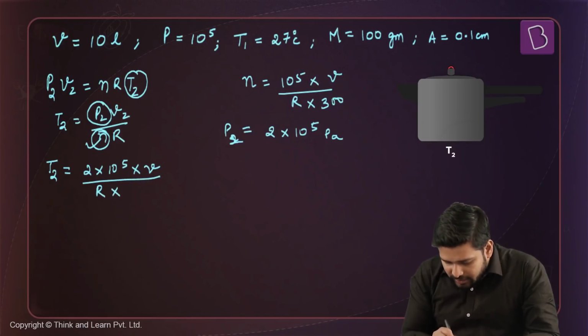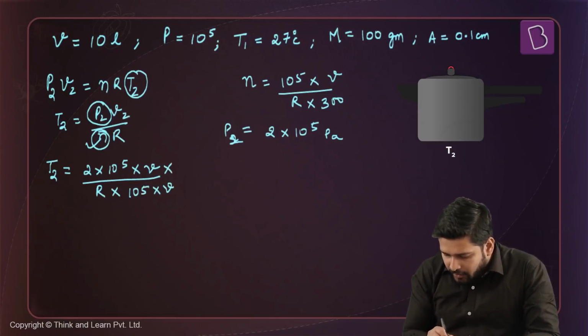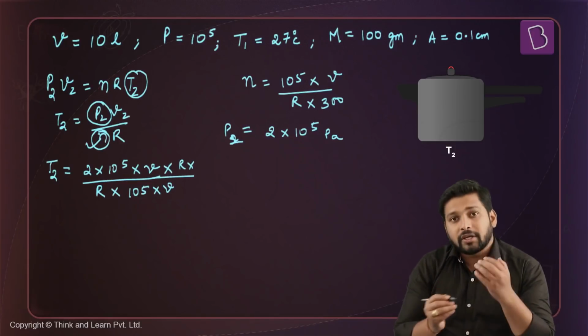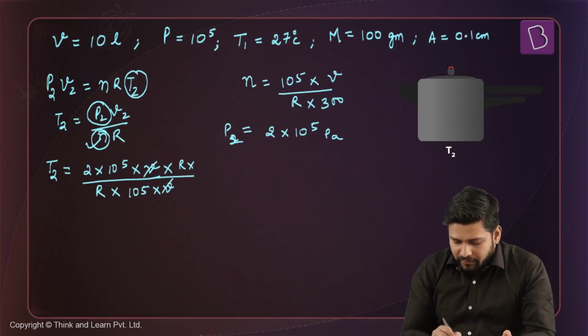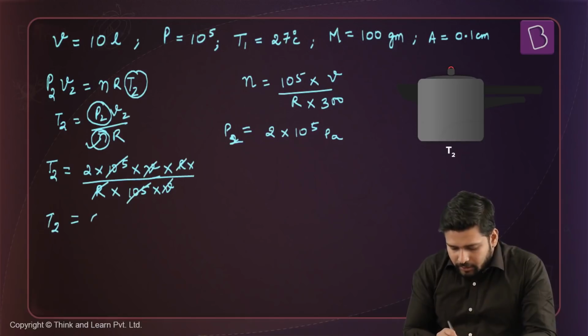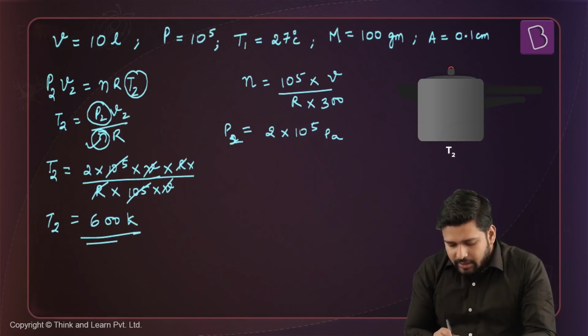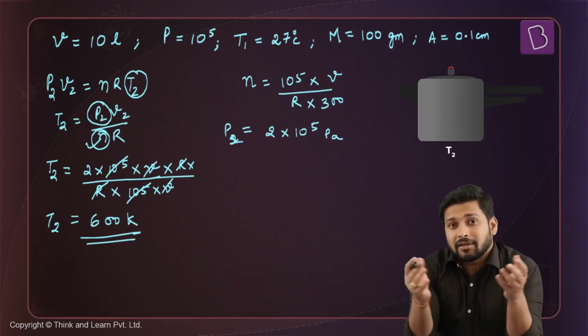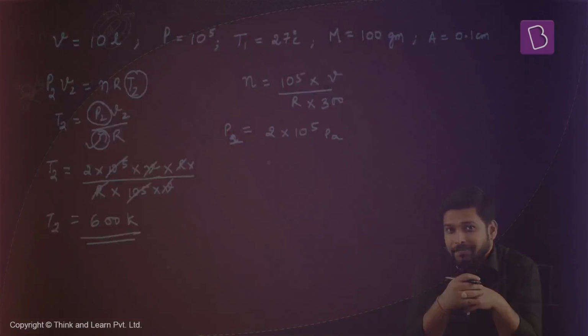So number of moles is 10 to the power 5 into V divided by R into 300, which comes in the numerator. Now let us see what all things get cancelled out. You can cancel V and V, you can cancel 10 to the power 5 and 10 to the power 5, you can cancel R and R, so you're left with T2 equal to 600 Kelvin, and 600 Kelvin is your correct answer.